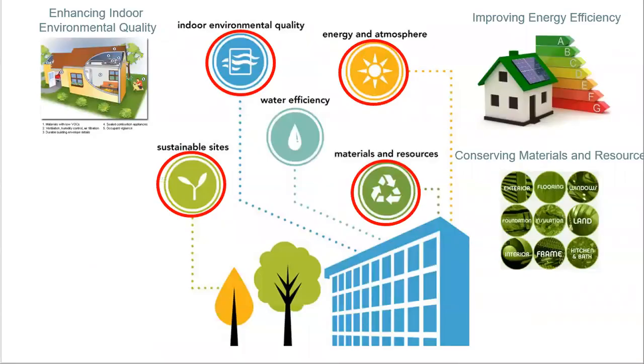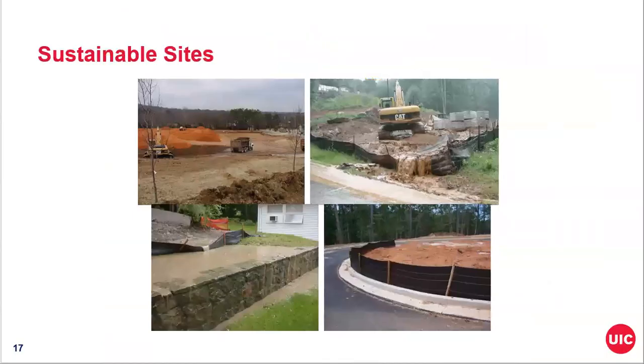So what do we mean by sustainable site? The main intent behind the concept is to reduce pollution from construction activities by controlling soil erosion, waterways, sedimentation, and airborne dust generation. Builders are required to create and implement an erosion and sedimentation control plan, known as the ESC plan, for all construction activities associated with the project.